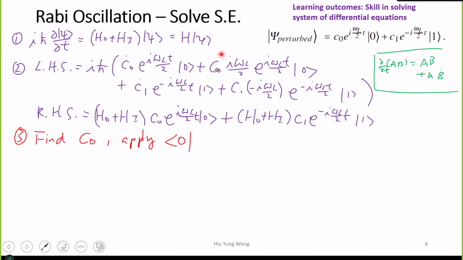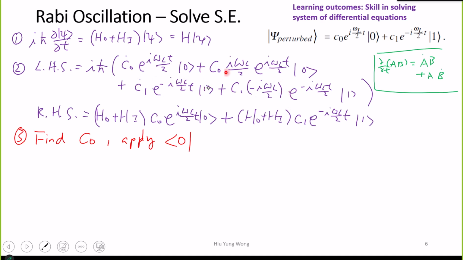Then plus, this time I keep C0 and take the derivative of e to the power i omega L t divided by 2. I take out this exponent, which becomes i omega L divided by 2, and multiply it. What I'm doing is just this rule: the partial differentiation of A times B is A dot, the time derivative of A, times B, plus A times the time derivative of B. Is this clear?